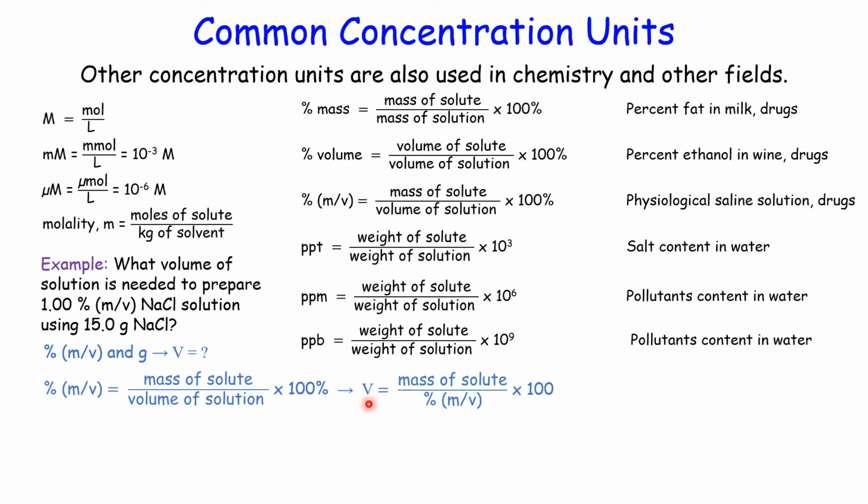Therefore, we can get V equals mass of solute over percent m over v times 100. The mass is 15 grams, the percent is 1 times 100. So then we got 1500 milliliters. So that's the volume needed to prepare this solution.